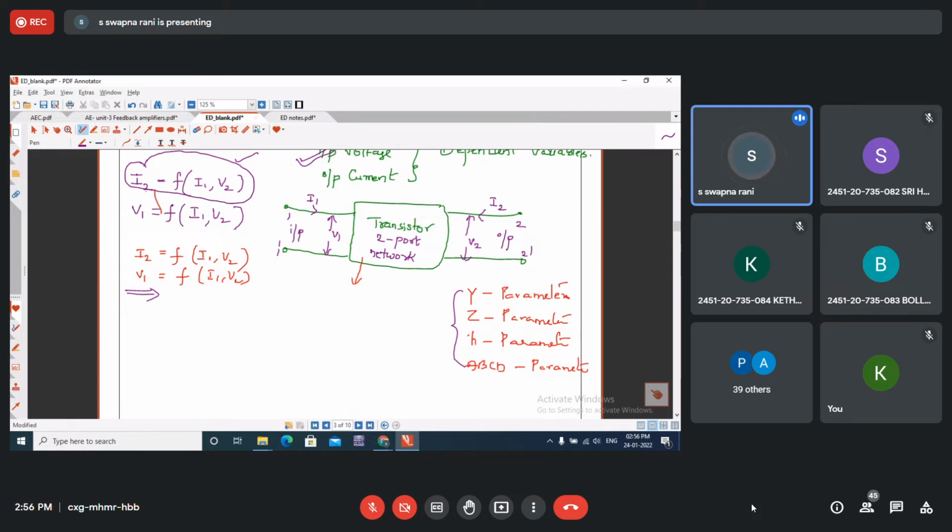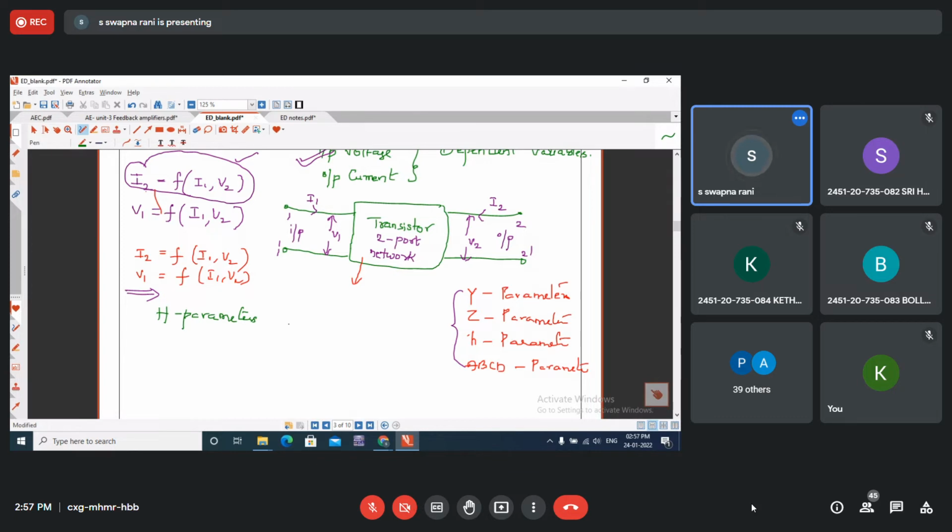Among these four parameter types, I am going to select the H parameter type. So we are going to take the H parameter model for the transistor. Why am I taking H parameters?